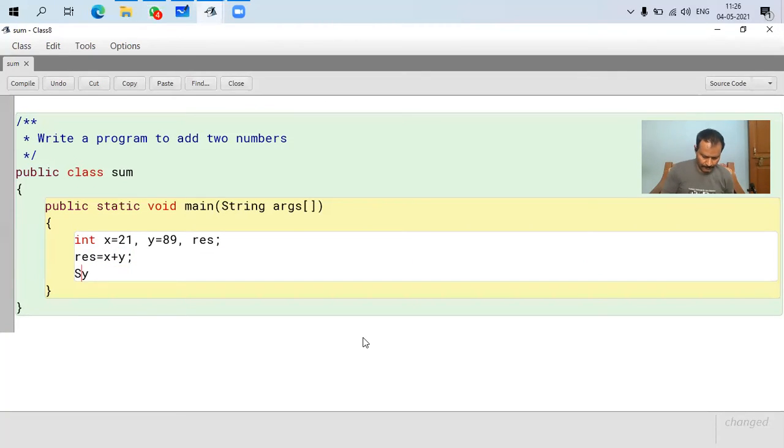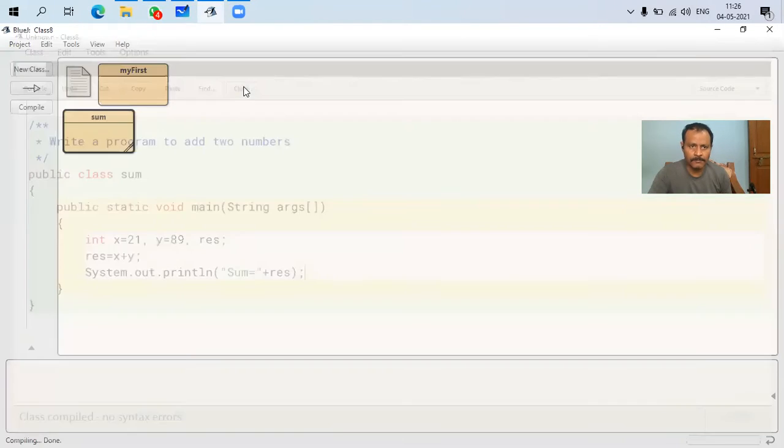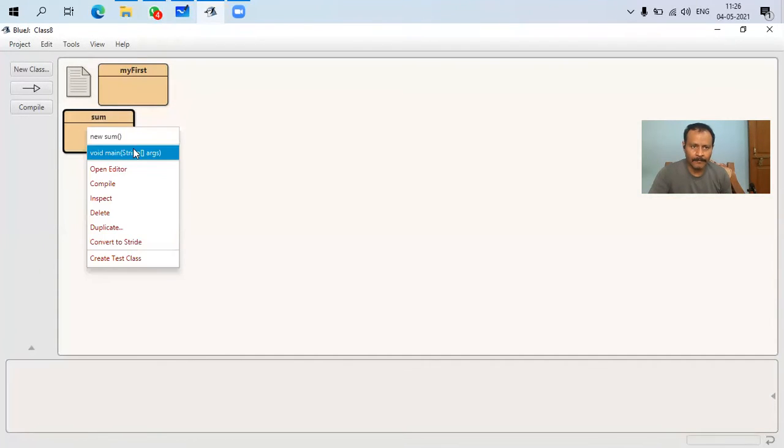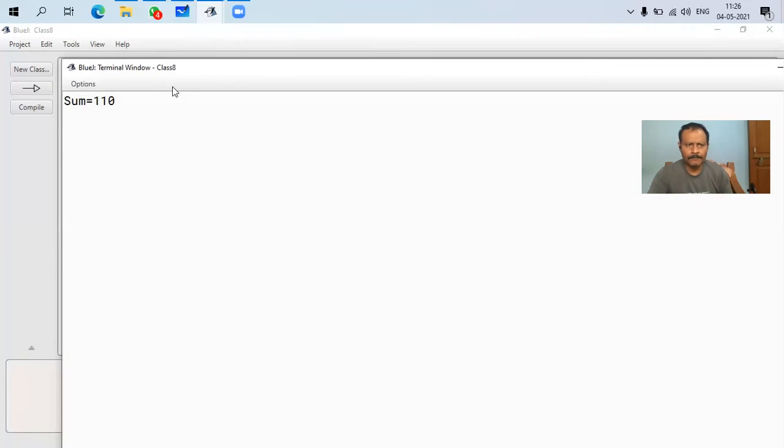Now system.out.println, sum equals to plus. Now compile it. Very simple. You can see no syntax error. Close and execute. Isn't it simple? Very simple, isn't it?